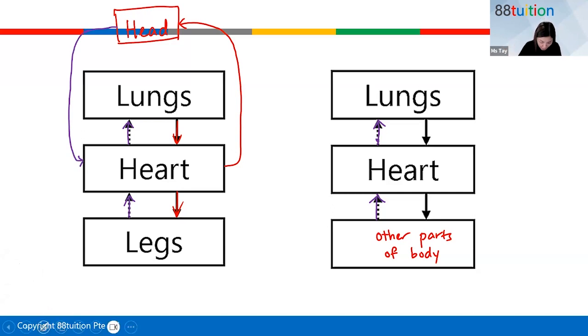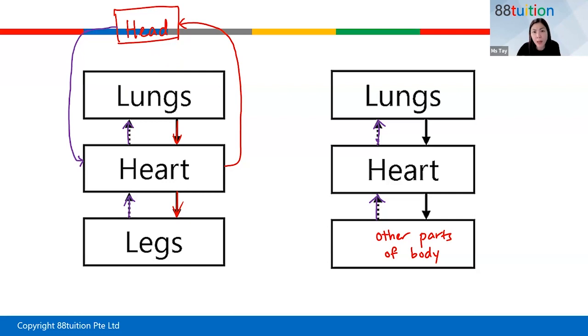Now I'm going to ask you another question. Do you think blood can flow from the lungs straight to the head, and then from the head back to the lungs? Is that possible? No, you got to know this. It is impossible for blood to flow directly from the lungs to other parts. It must go to the heart first. The blood that carries oxygen must go to the heart first.